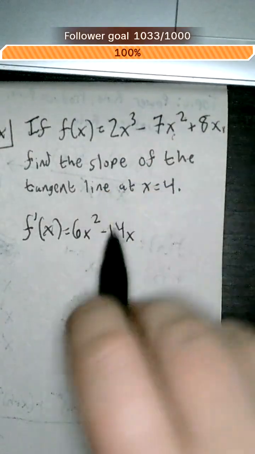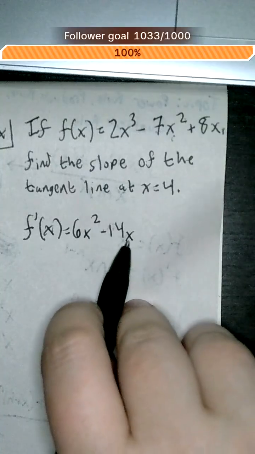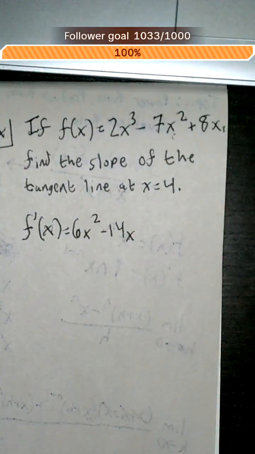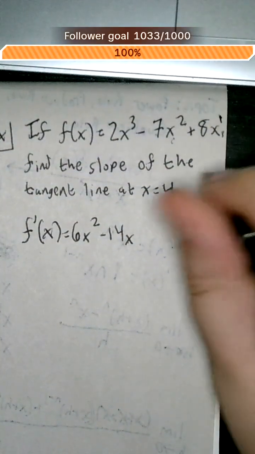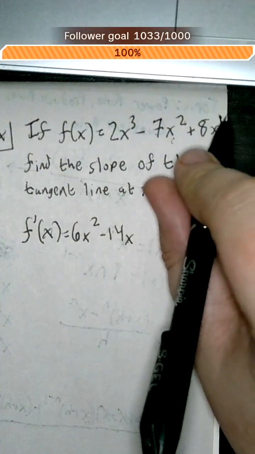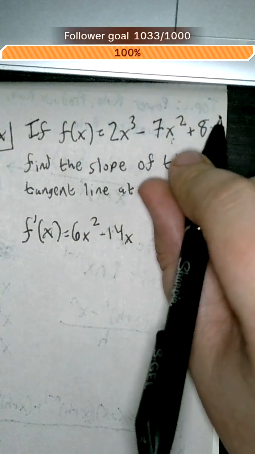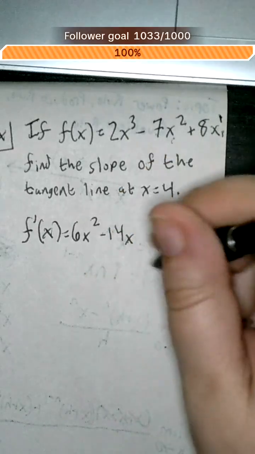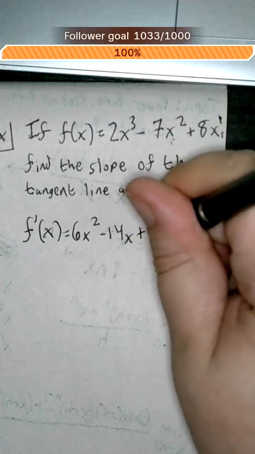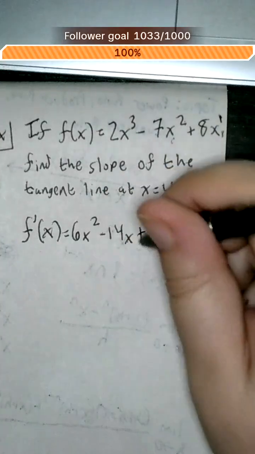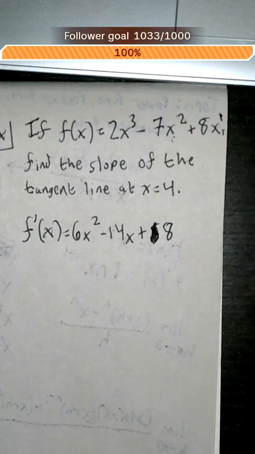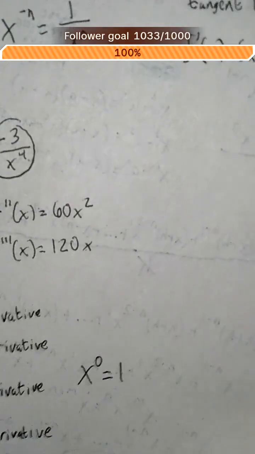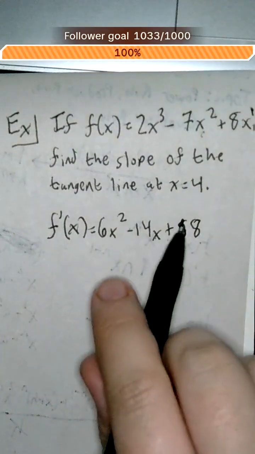Remember, a variable without an exponent is the same as a variable raised to the first. So I have 1 times 8, which is 8, times x to the 1 minus 1. Let me write that 8 a little better. There we go. Well, remember, 1 minus 1 is 0, and x to the 0 is 1, so therefore I'm just going to leave it as 8.